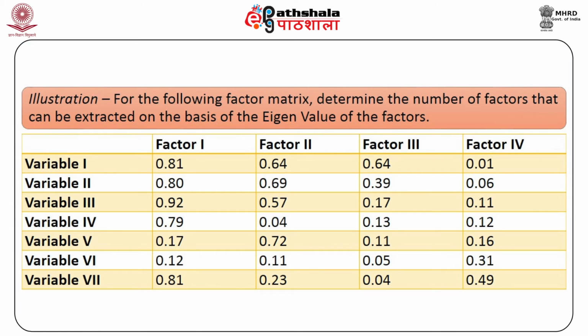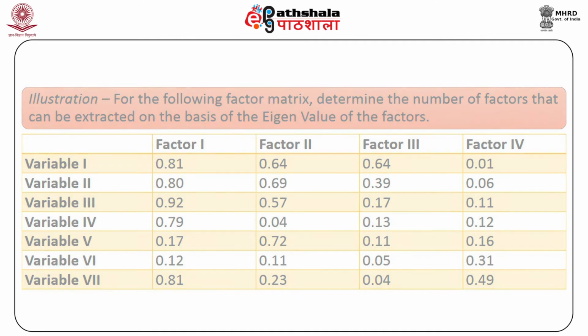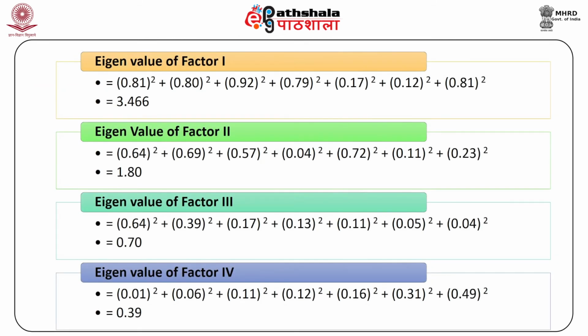We have 4 factors lined up here for the variables and the values are given here. Now, the solution to the problem here: the eigenvalue of factor 1 is obtained by squaring all the values and adding them, and it turns out to be 3.466. The eigenvalue for factor 2 is 1.800.